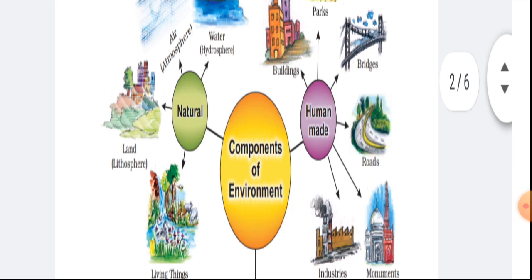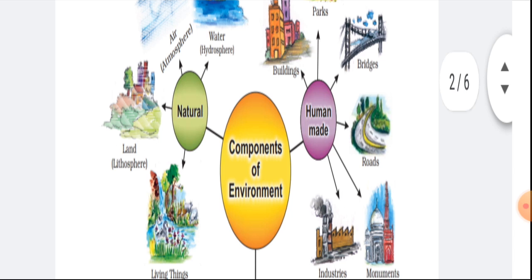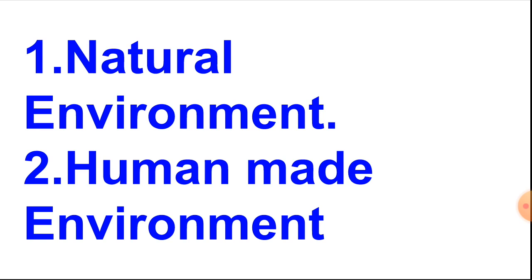Can you give examples of natural and human made components? Natural environment and human made environment are the two kinds of components of environment.